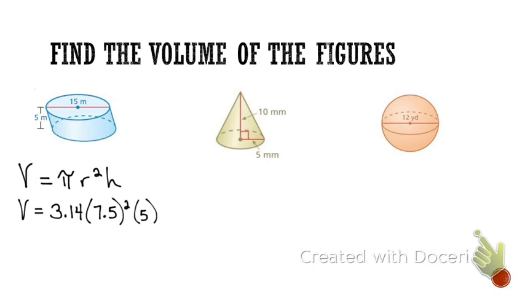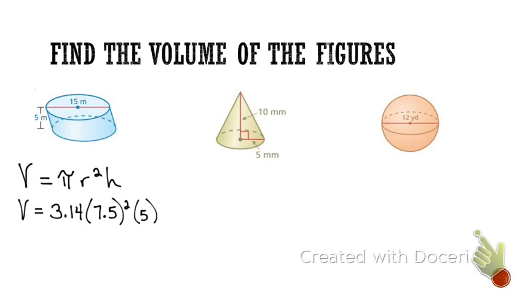All right, so now, what do you think you're going to do next? If you said exponent, you are correct. We need to do 7.5 times 7.5, and we get 56.25. Now take 56.25 and multiply that by 5. You can just continue that in your calculator.